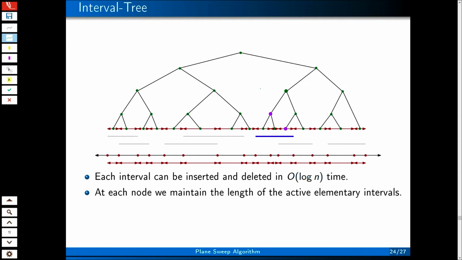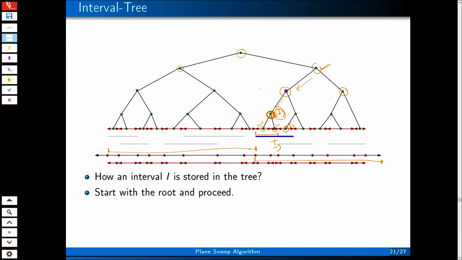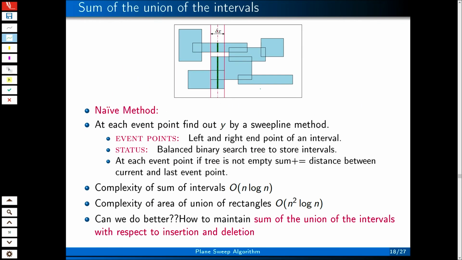Not all of them will be active. If I look back at our original problem, initially only this rectangle is active. Then this and this interval will become active. Then this tree will become active. Then this will get deleted. So at any given point, a subset of these blue intervals will be active.